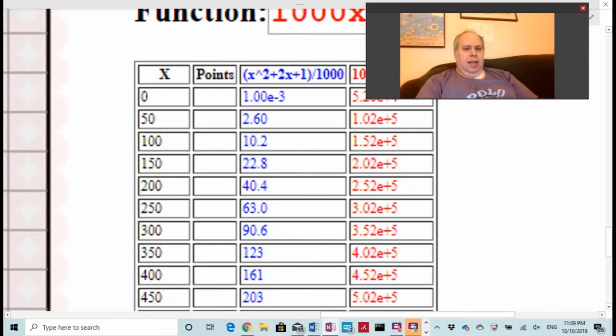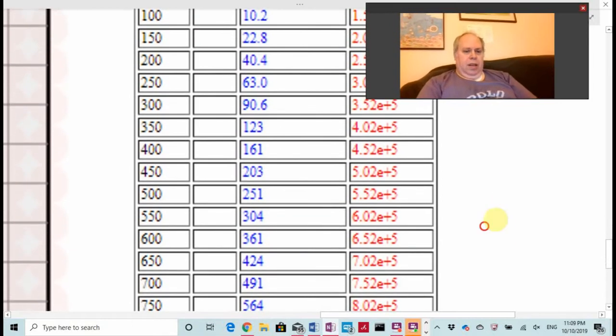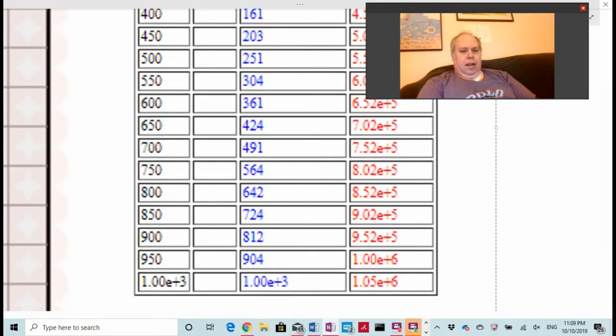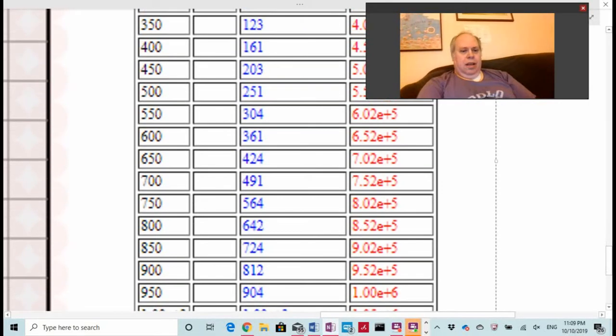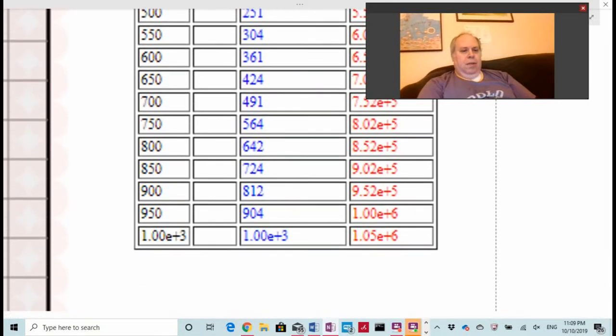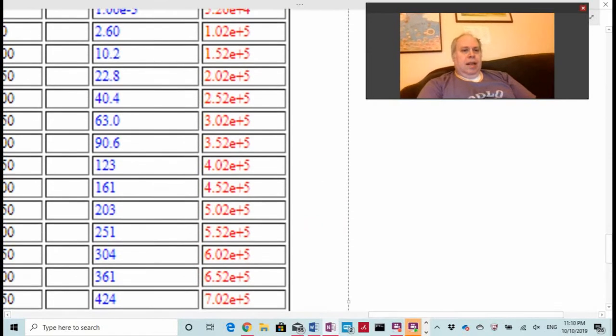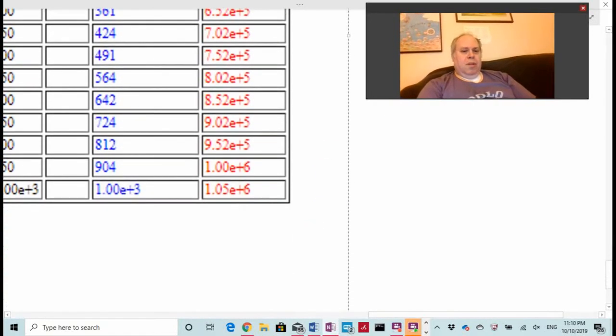The interesting thing is the blue numbers are all under, the last one is 1,000, when we go up to 1,000. So I graphed x going from 0 to 1,000, and the red numbers all require scientific notation to express.